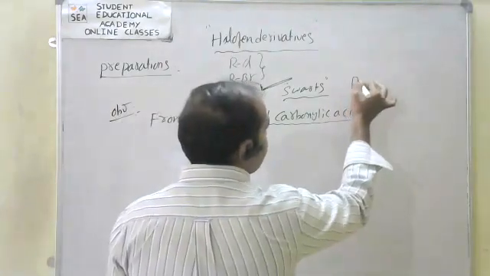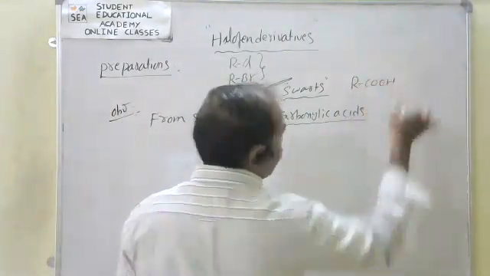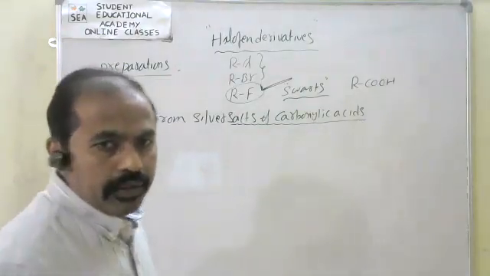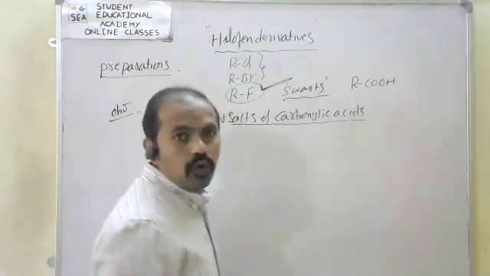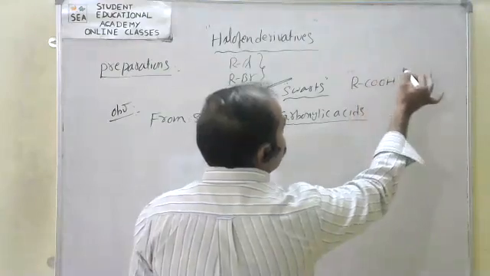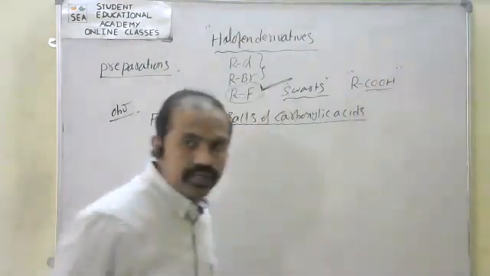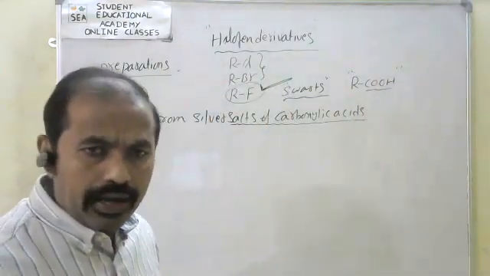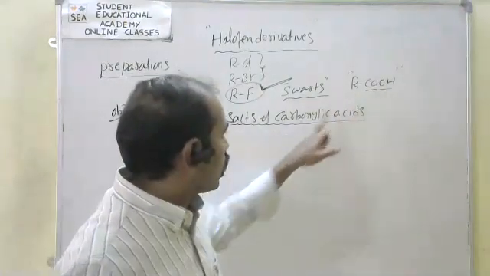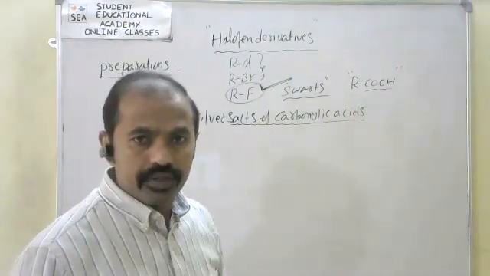Carboxylic acid is nothing but RCOOH. So RCOOH is called carboxylic acid. Generally, organic acids are called carboxylic acids.